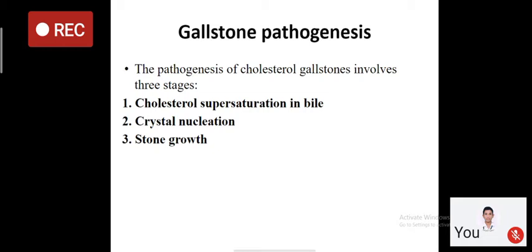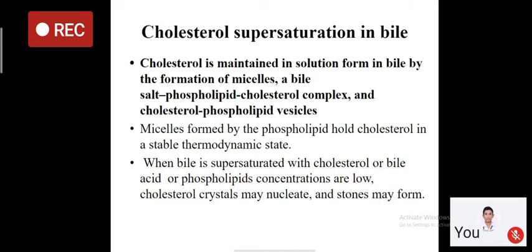So the first step in gallstone formation is cholesterol supersaturation. As you know, cholesterol in the bile is maintained in solution by the formation of a micelle, which is a bile salt, phospholipid, and cholesterol complex.